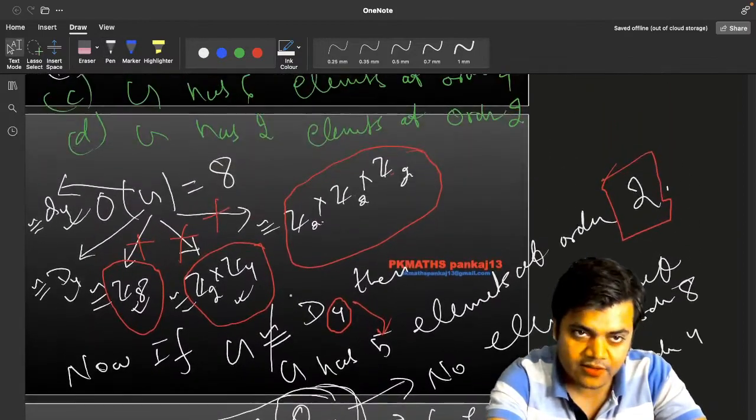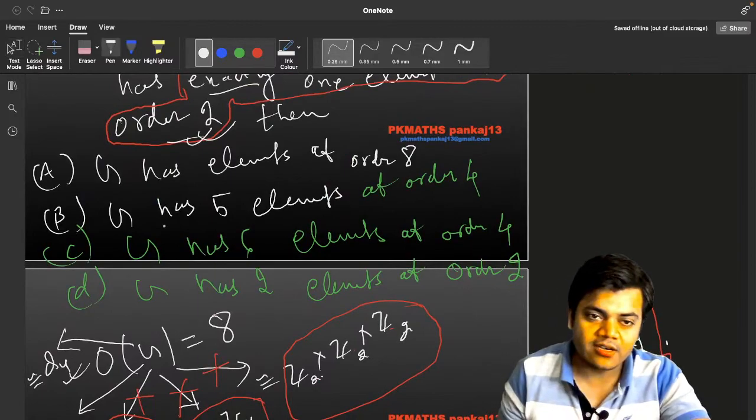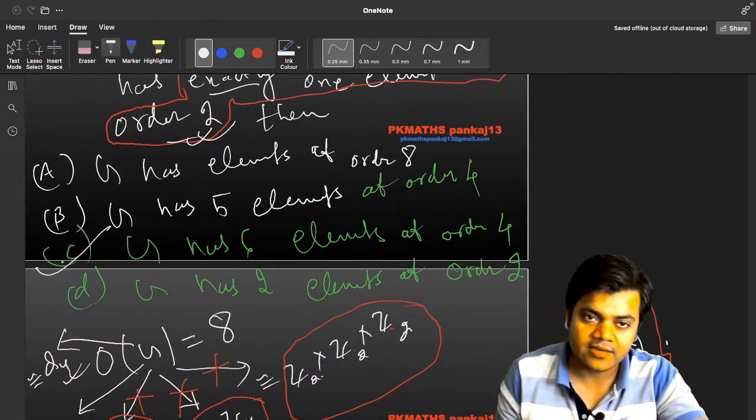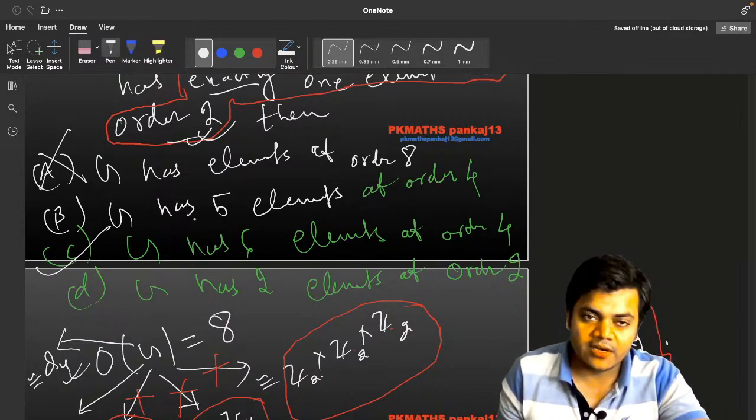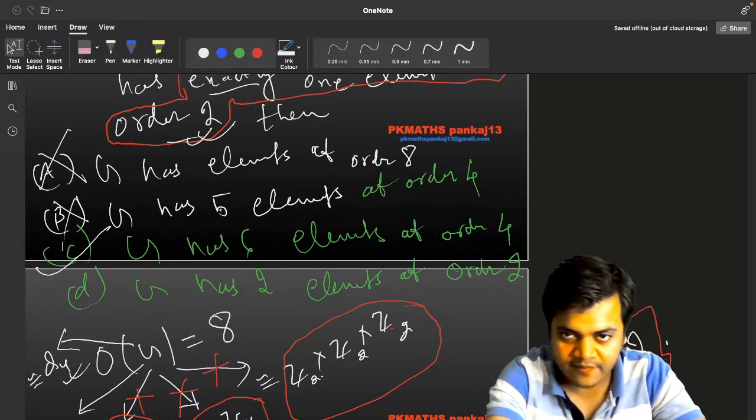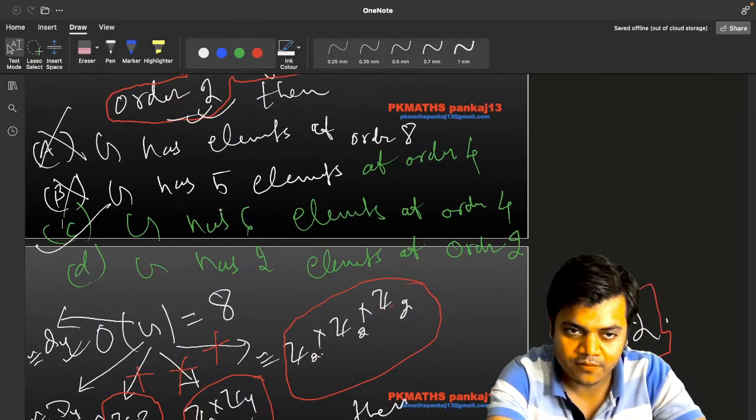What will be the right answer? G has 6 elements of order 4. Yes, it's right. Elements of order 8 is not possible because our G is isomorphic to Q4. G has 5 elements of order 4 is also not possible, because 6 elements have order 4, so option B is wrong.